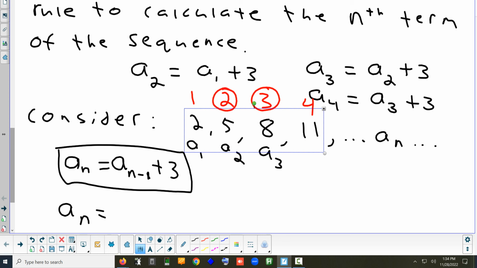If you take 2, there's something you can do to the number 2 to turn it into 5. You might think, well, let's just try and add 3, right? So if we just take this 2 and we add 3, we get 5. So let's try the next one. If we take 3 and add 3, do we get 8? No. So we're trying to find something we can do to the position number.